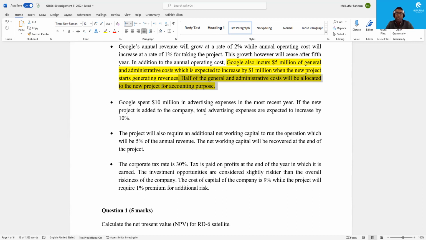However, in project evaluation, we shouldn't consider this accounting allocation of the cost. Rather, we should consider only the incremental cost that incurs for accepting a project. So this last sentence doesn't have any relation with your cash flow estimation. That is just for accounting purposes.